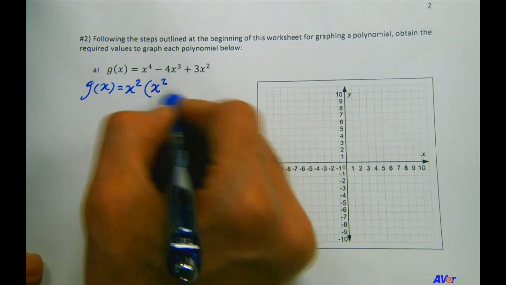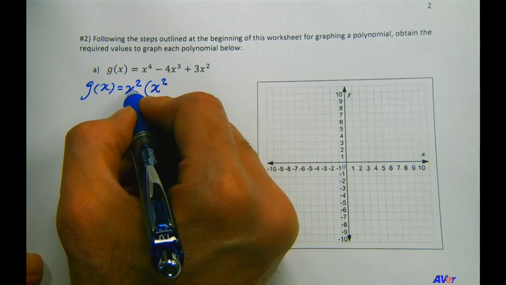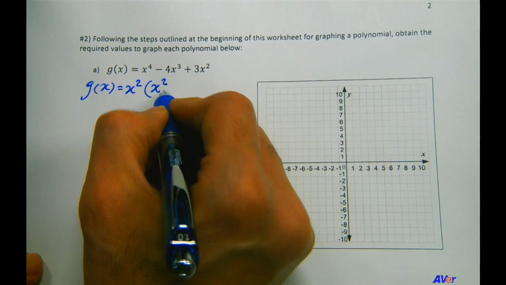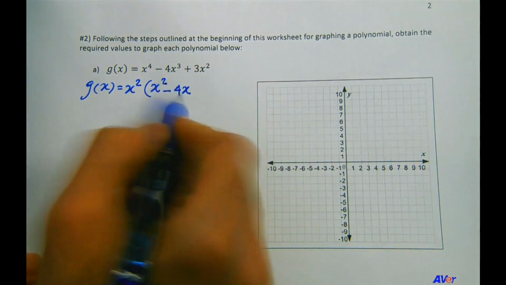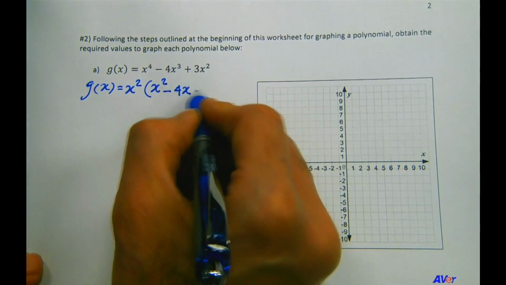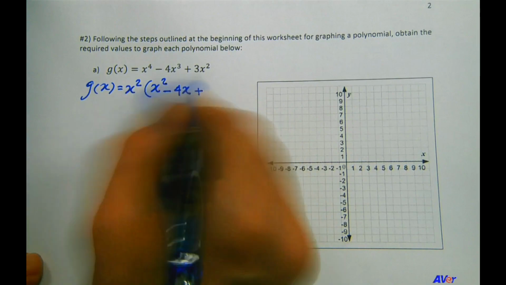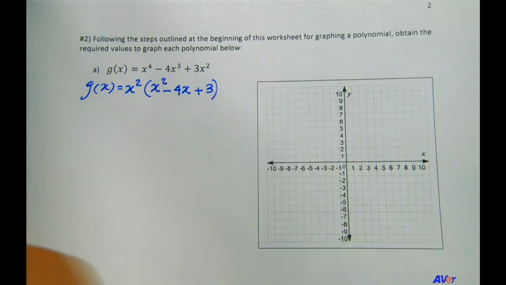So what should I put next to multiply by x squared and get minus 4x cubed? Minus 4x, right? Minus 4x times x squared is minus 4x cubed. Plus, what should I put here to multiply by x squared and get 3x squared? 3, right?